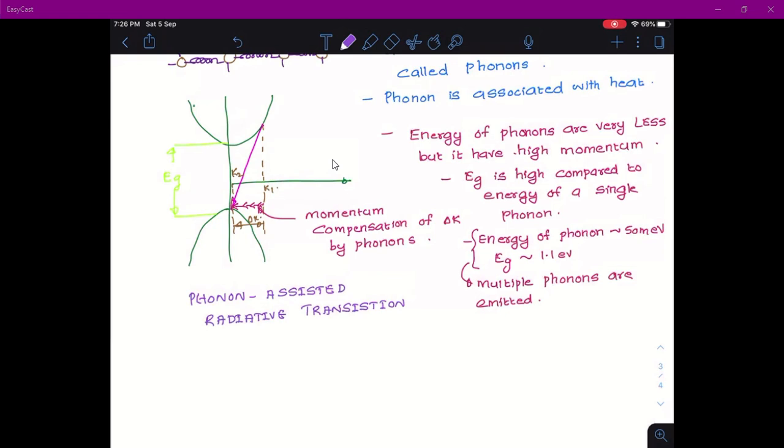Okay, so this is called a phonon assisted radiative transition.